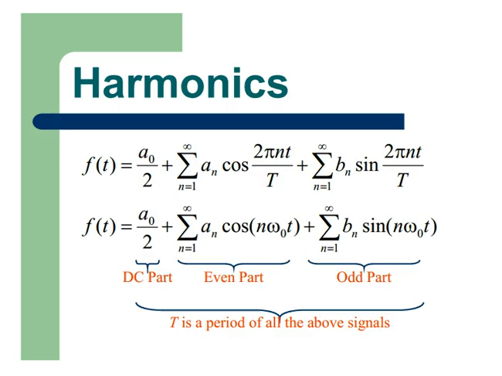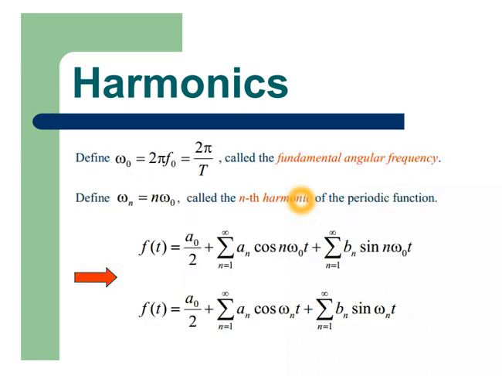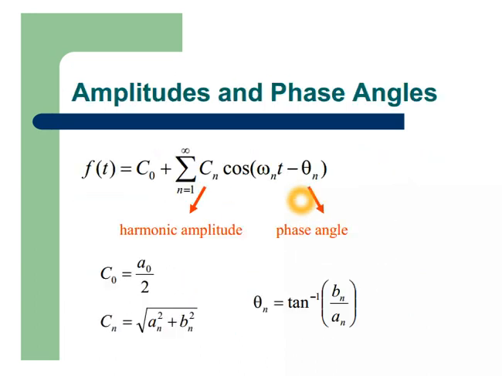So here we have used components for the synthesis and for the analysis. In the synthesis equation, we used a0 by 2 plus the coefficients of cosine functions and the coefficients of sine functions, with the fundamental frequency and harmonics.